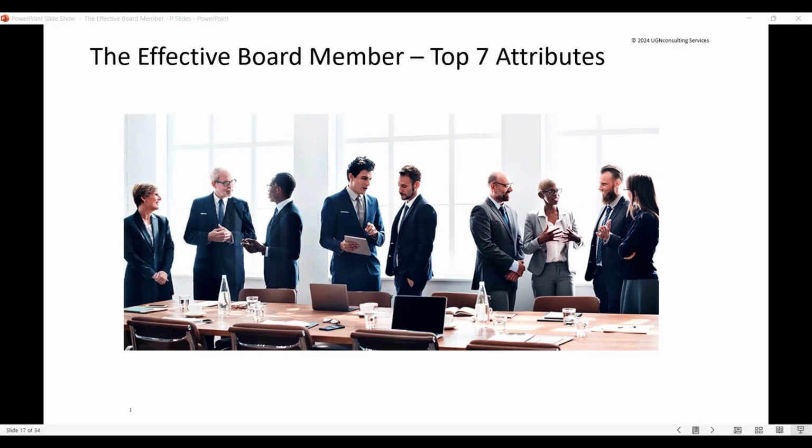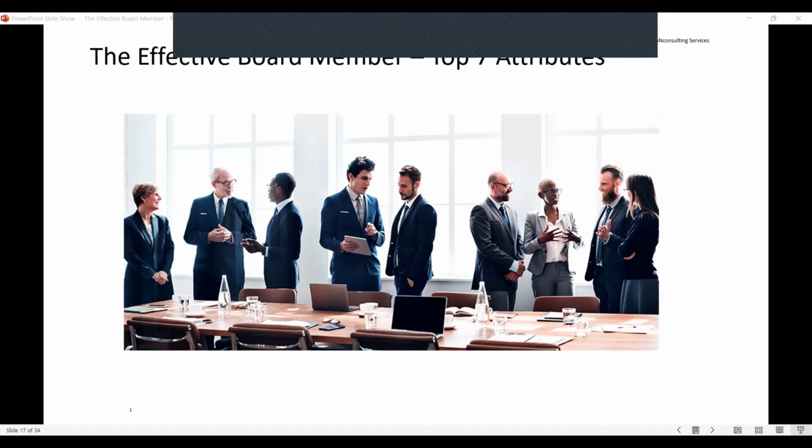If you have these attributes, you are going to be effective in the boardroom. All the practical examples and everything will happen during the panel discussion, so I'm just laying the background. If you have any questions, feel free to drop them in the chat. So what are these attributes? Looking at it in no specific order, we have number 1, experience.